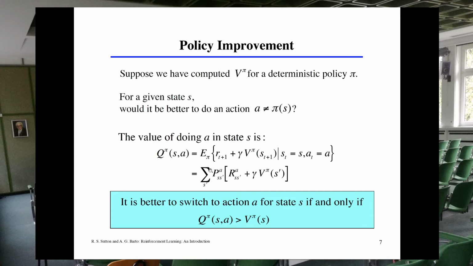The only difference in this expression is that we don't have here the policy function, because we have already selected an action A, so we don't have to calculate the probabilities of selecting an action in that state. We have already selected an action A, and this is the one that we are going to use here. So that's why we don't have the sum here on the left. So if this value is larger than the current value that you have estimated for state S, then you should switch to the action A, because that means that that action is better. Okay.